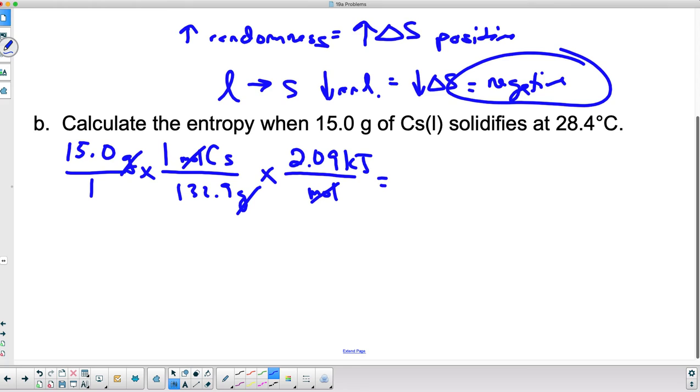That's going to give me 15 divided by 132.9 times 2.09, which is going to give me a value that looks similar to this. I should round off to 3 places like that. And that's going to be kilojoules.